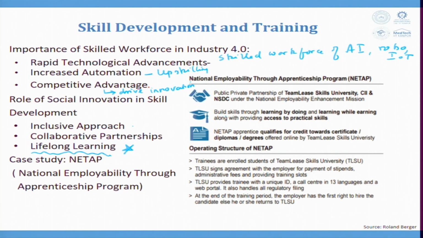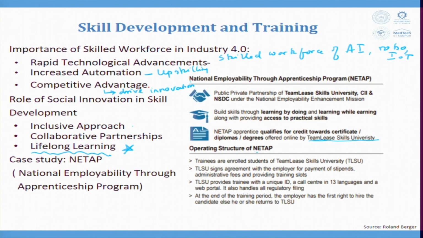The next one is building skills through learning by doing and learning while earning, along with providing access to practical skills. NETAP apprentice qualifies for credits through certification like diploma, degree offered online by Team Lease Skill University.